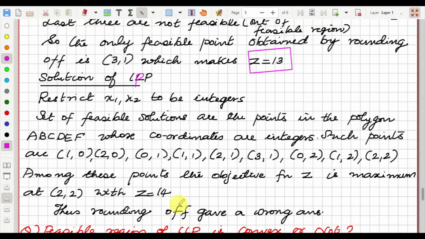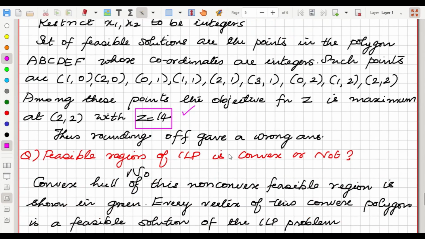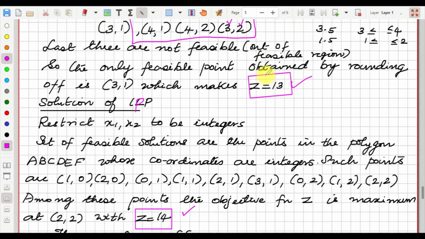Among these points, the objective function z is maximum at (2, 2) with z equal to 14. If we solve this problem by rounding the linear programming solution, we get z equal to 13. But using the integer programming model, we get z equal to 14. Thus, rounding off gave a wrong answer.